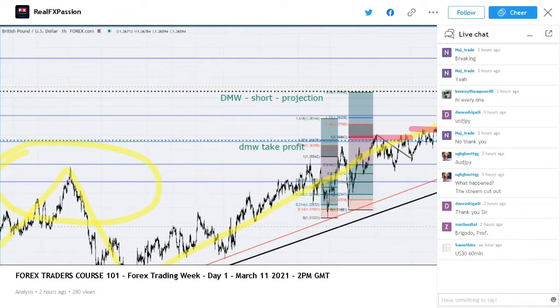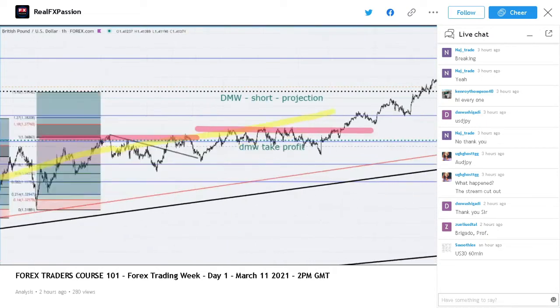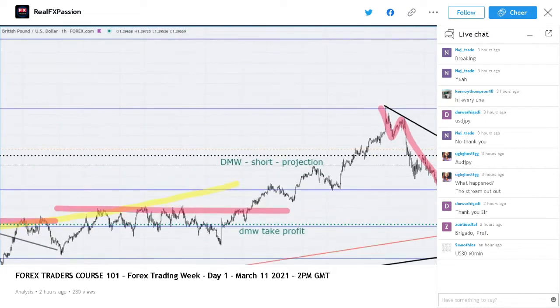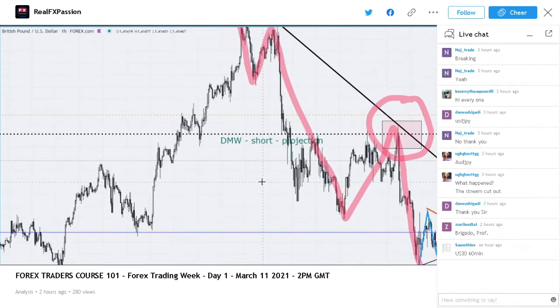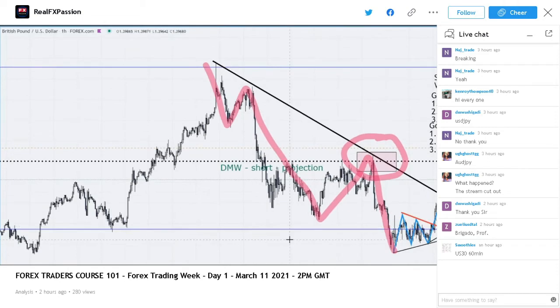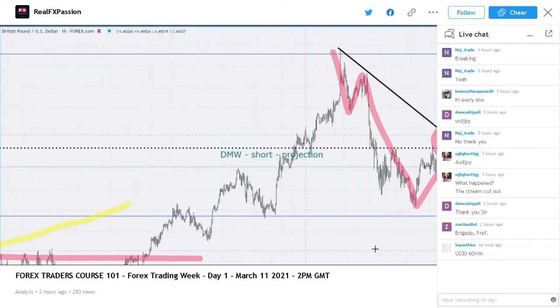What about now, everybody? Are we in an uptrend or are we in a downtrend? Okay, this is an uptrend. Well, not short term. Short term, everybody, we are in a downtrend.